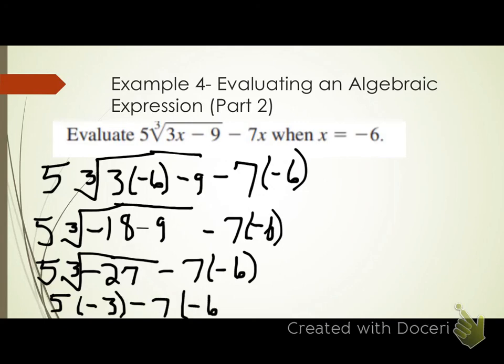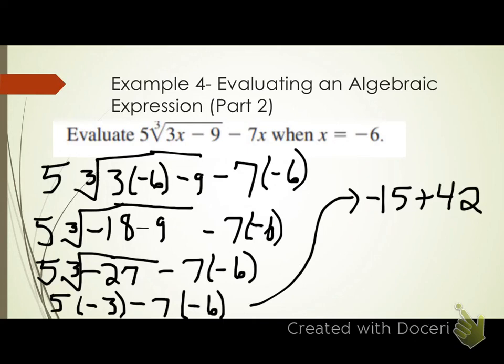So I've done everything under my cube root, and I've taken my cube root. So now I can move outside of that cube root. What do I do next? The rest of the problem. What's 5 times negative 3? Negative 15. Negative 7 times negative 6. Positive 42.